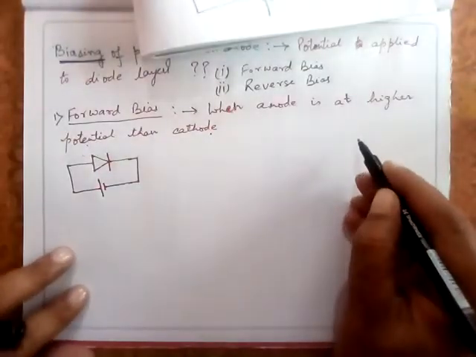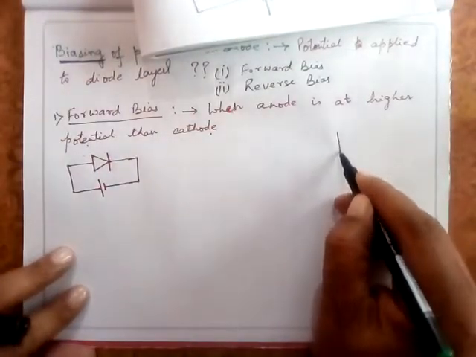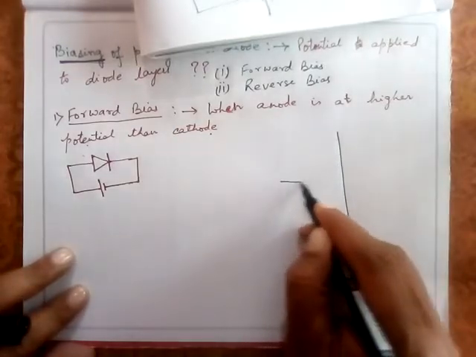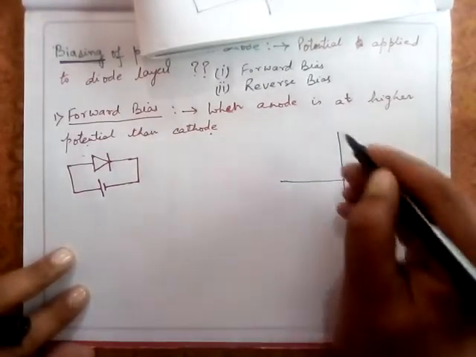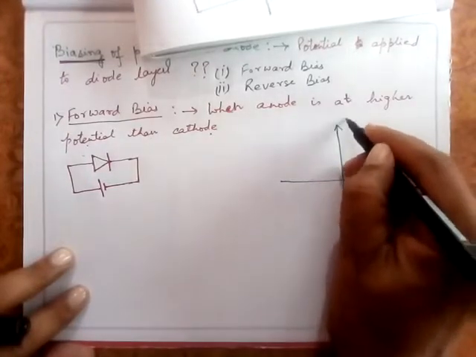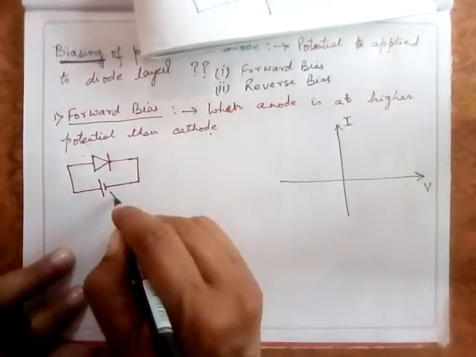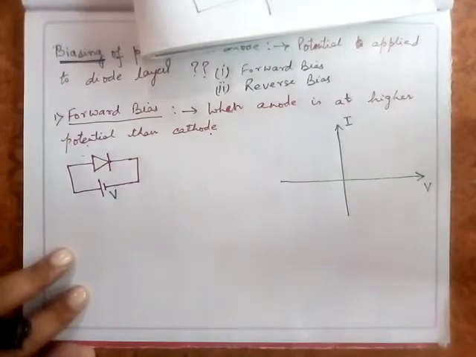If I draw the VI characteristic here for a forward bias, that is, if I apply this voltage V, and the current flowing through this diode is I, this is the applied voltage V here. Now what will happen under this condition?